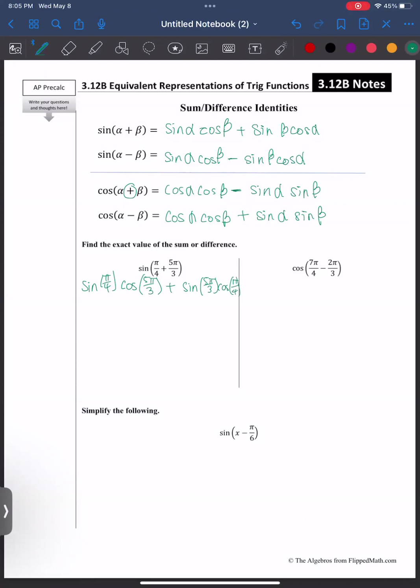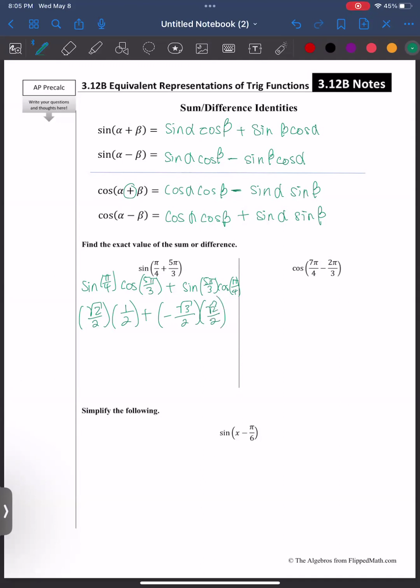So sine of pi over 4, well, that's square root of 2 over 2. Cosine of 5 pi over 3, that's going to be 1/2. Plus the negative square root of 3 over 2 times square root of 2 over 2.